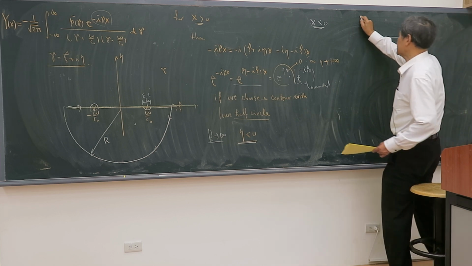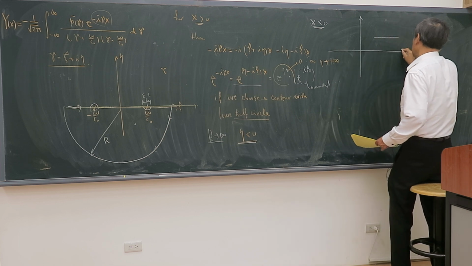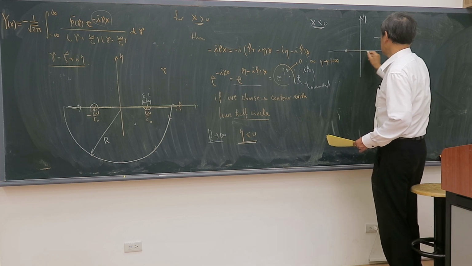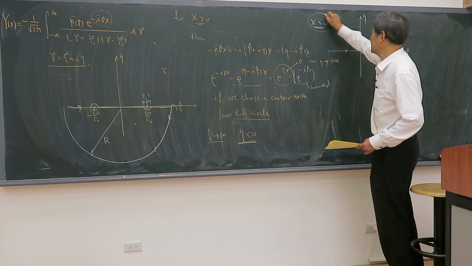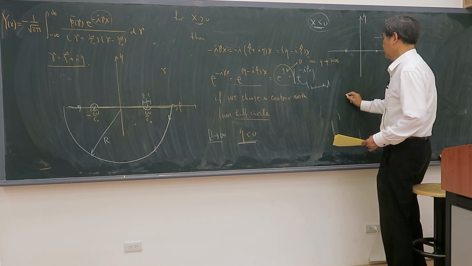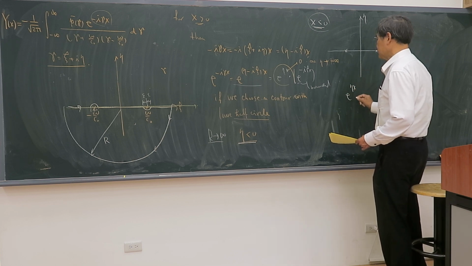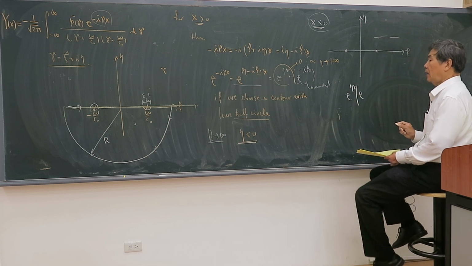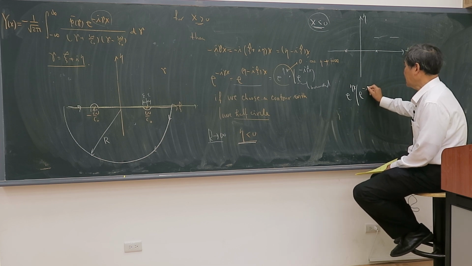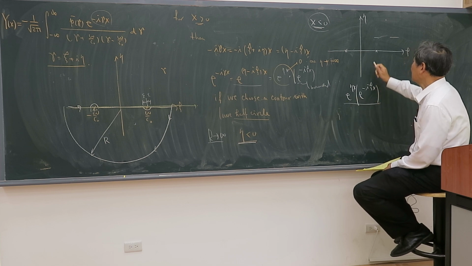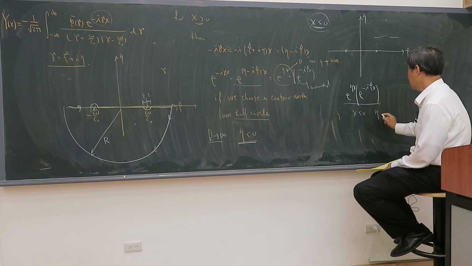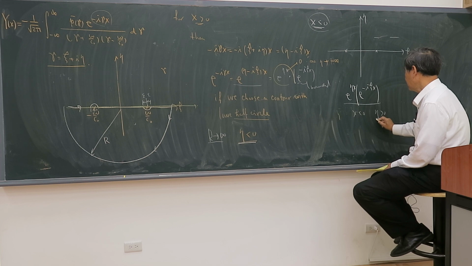So for this integration on the complex plane, this is xi, this is eta, and we have two singularities. For x smaller than 0, because of the term e to the eta x times exponential minus i xi x, x smaller than 0 means eta should be larger than 0.